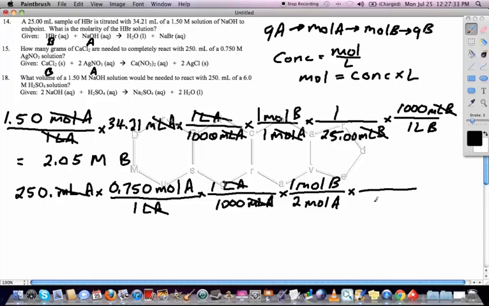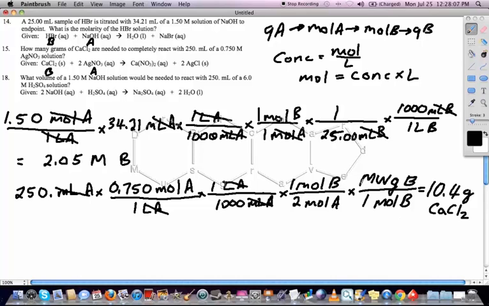So we can cancel out the moles of B if we put moles of B on the bottom, and we know we need grams of B on top. And this relationship here of grams of B to moles of B is familiar to us. We know that it's molecular weight, and I'll let you work out the molecular weight of CaCl2. And that final answer is going to end up being 10.4 grams of CaCl2.